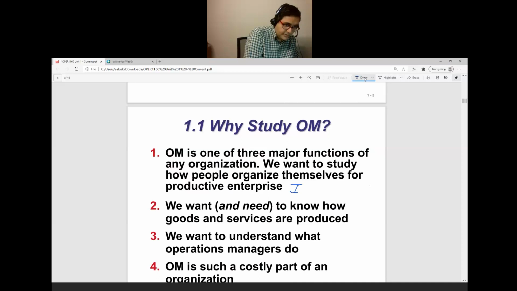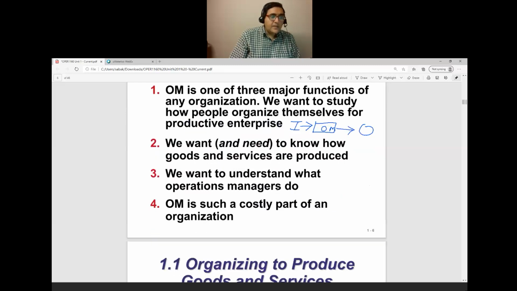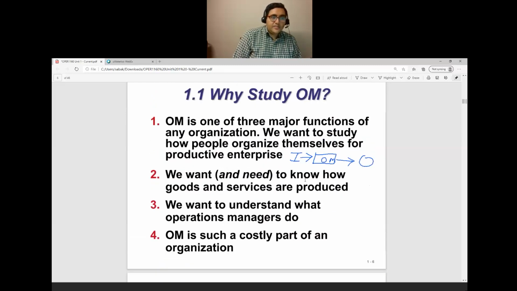So let me just draw it here. It's input I going inside a block diagram. There is an O coming out of it. This is your OM. So operations management is just this block diagram. We want to know how things work inside this particular block diagram so that we get a productive enterprise.